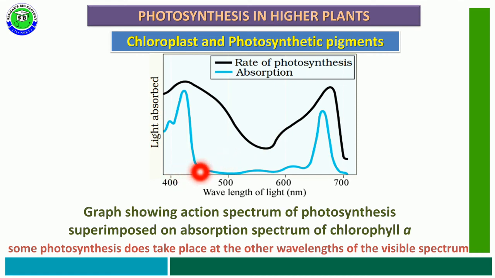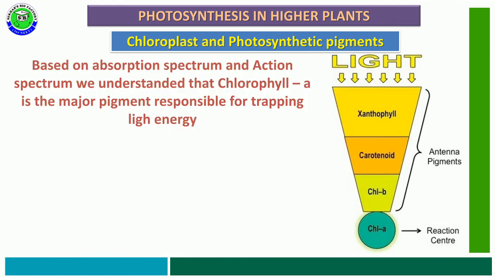So in this graph, after 400 nanometers, more photosynthesis takes place, and before 700 nanometers, more photosynthesis takes place. Other than this, the photosynthesis rate is very low. Based on the absorption spectrum and action spectrum, we can understand that chlorophyll A is the major pigment. It is responsible for trapping light energy.